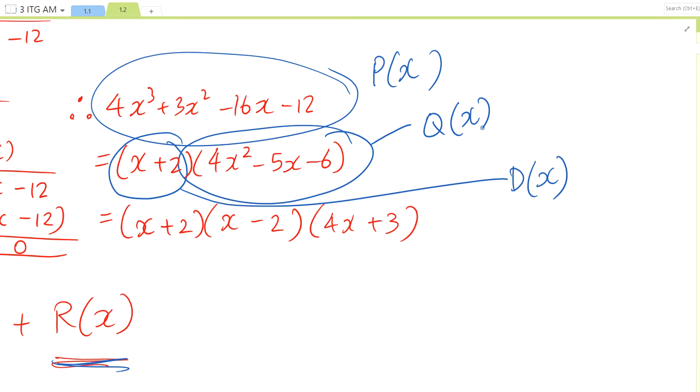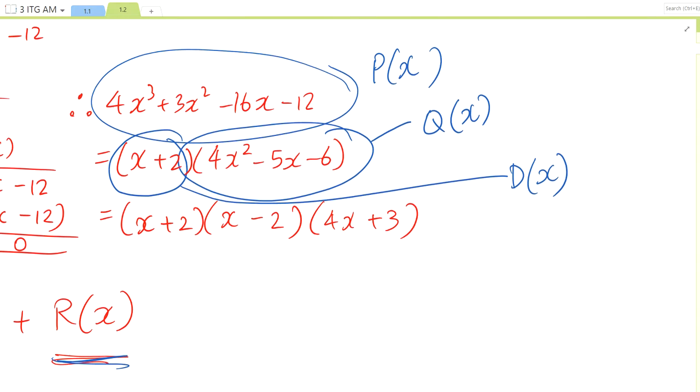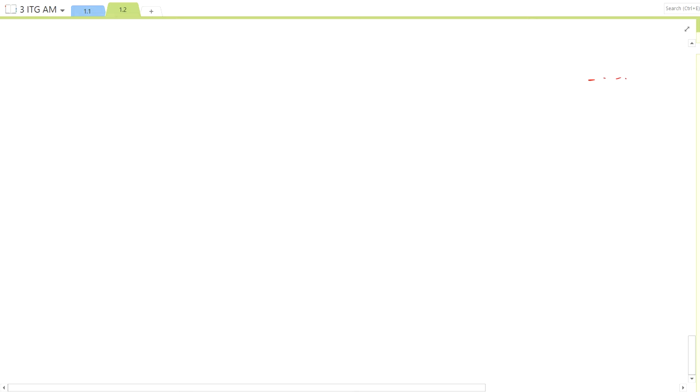No, there is no remainder because the remainder equals 0. Is it true that for any value of x that I put in, let's say x equals 0, the left hand side will still be the same as the right hand side? Yes. If I put x equals 1 million, the left hand side still equals the right hand side? Yes. You are right. So that is why we are ready to go into this very exciting topic called remainder theorem.